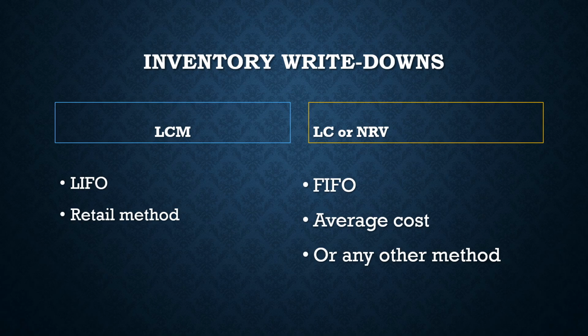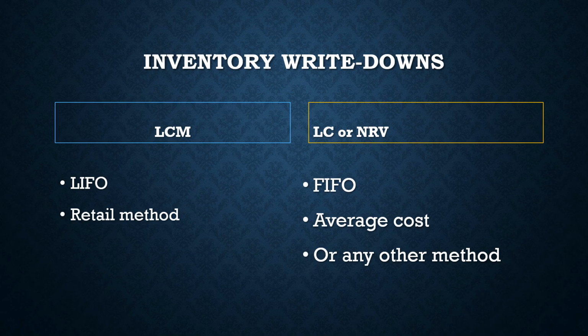Inventory write-downs. For the lower of cost or market, if your inventory is LIFO or retail method, you use lower of cost or market. If your inventory is FIFO, average cost, or any other method, you use lower of cost or net realizable value.